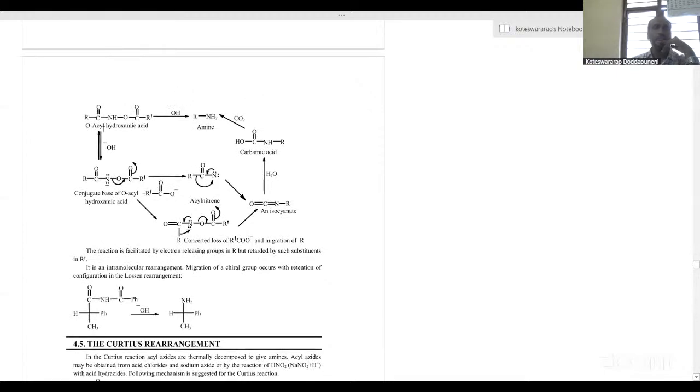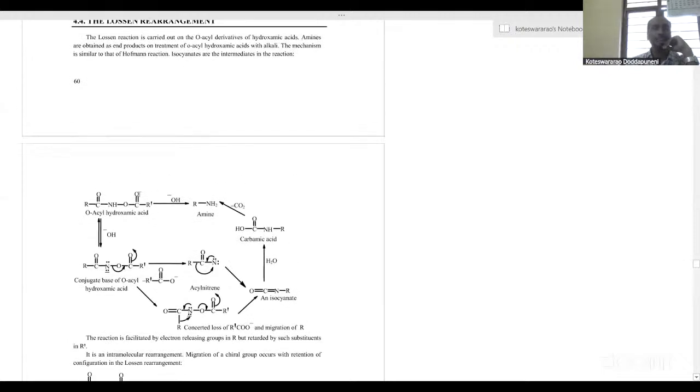When you consider the mechanism, that reaction starts with an amide. Amide is treated with an acylation. That means O-acyl hydroxamic acid is generated, which is treated with base.